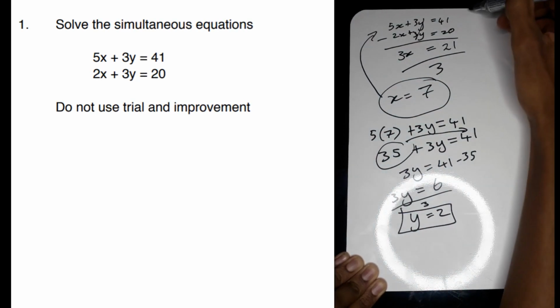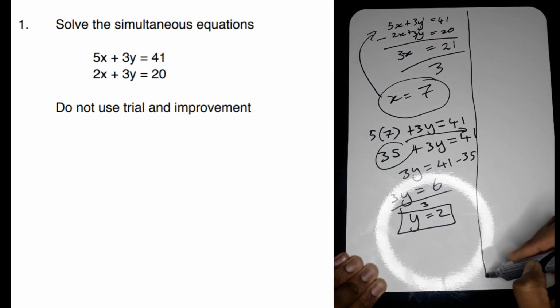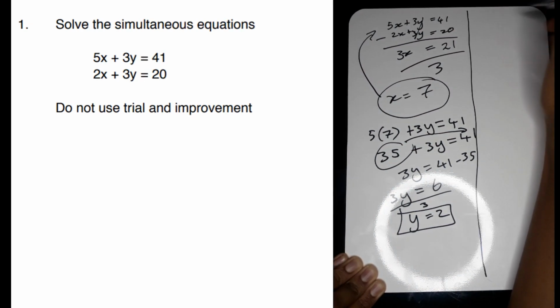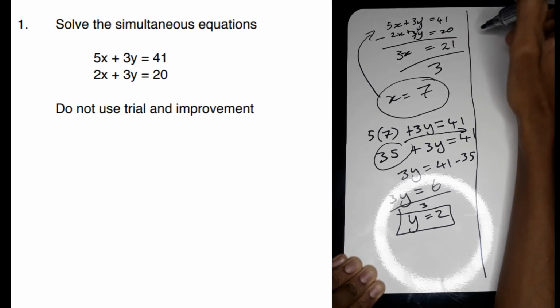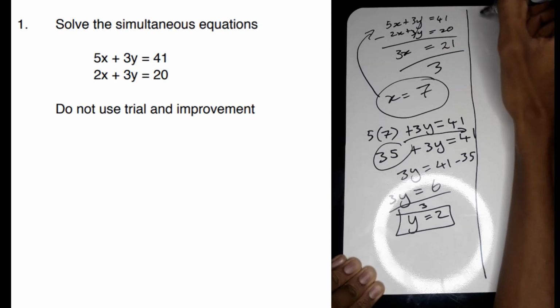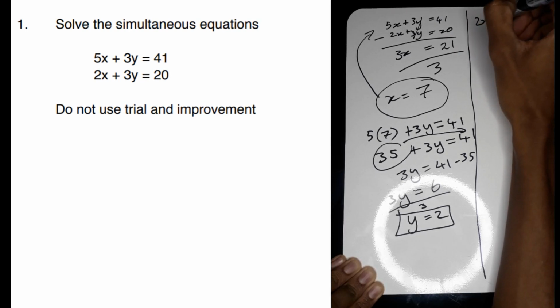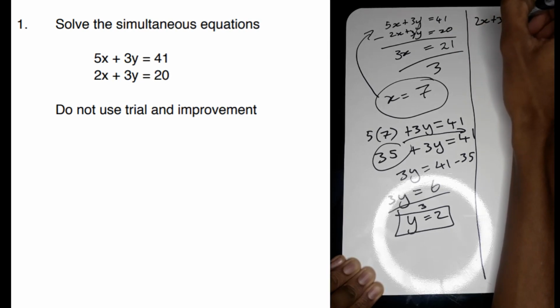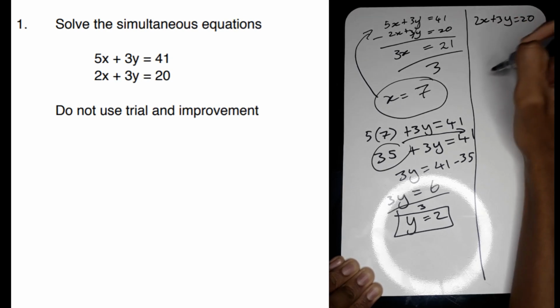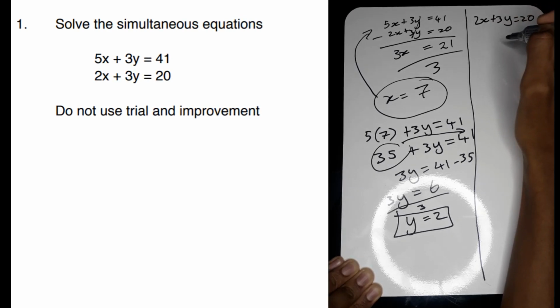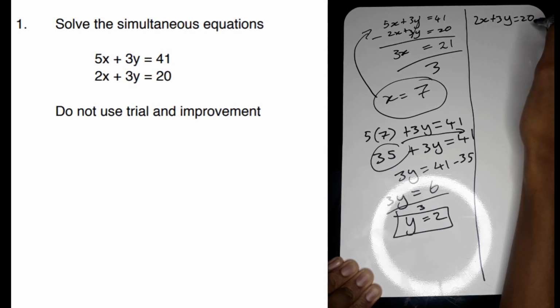So if you want to check furthermore if this is right, you can plug in the numbers on the bottom one. So we're going to use the equation 2x plus 3y is equal to 20. So if you plug in the numbers we got, they should give us 20.